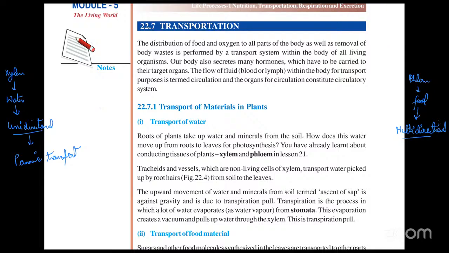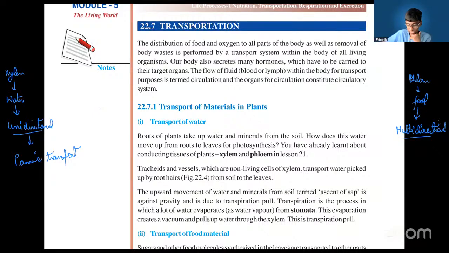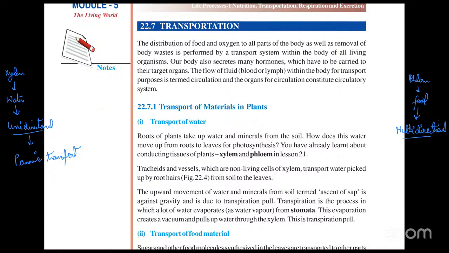Not fully correct, but not fully wrong also. So something you are missing. Anybody has any idea? Adrian, do you have any idea about passive transport? No idea, sir. See, passive transport is a transport in which transportation occurs without use of any energy.